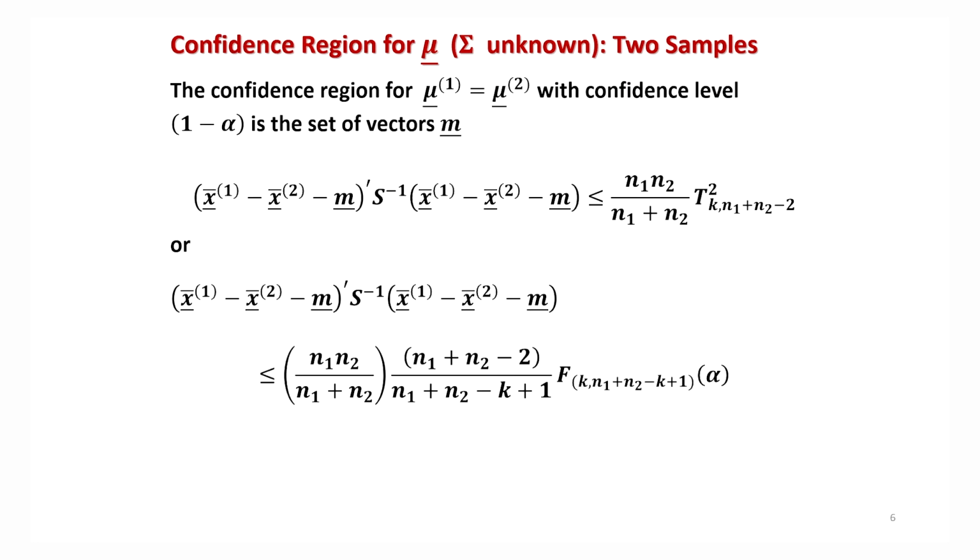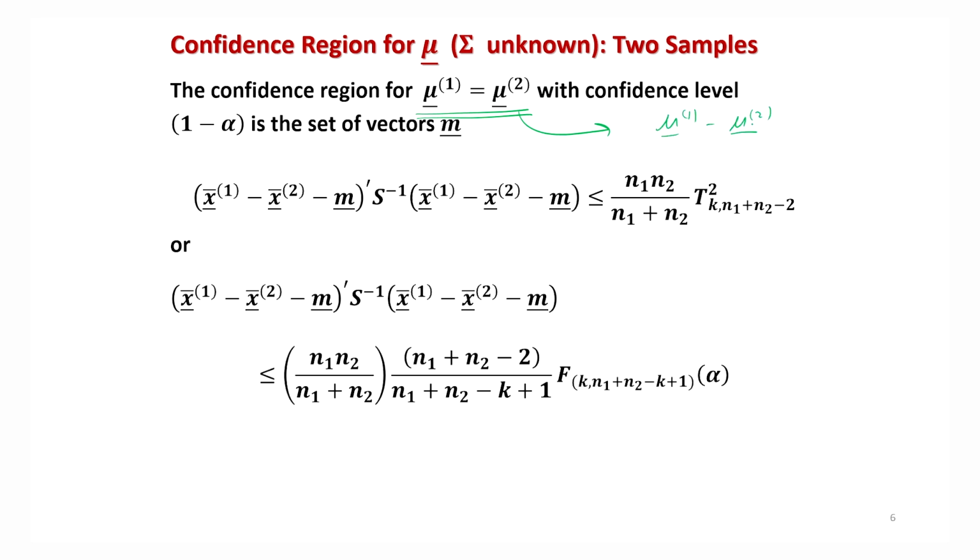And in case you want to find the confidence region for this hypothesis, mu1 equal to mu2, which I can write as mu1 minus mu2.